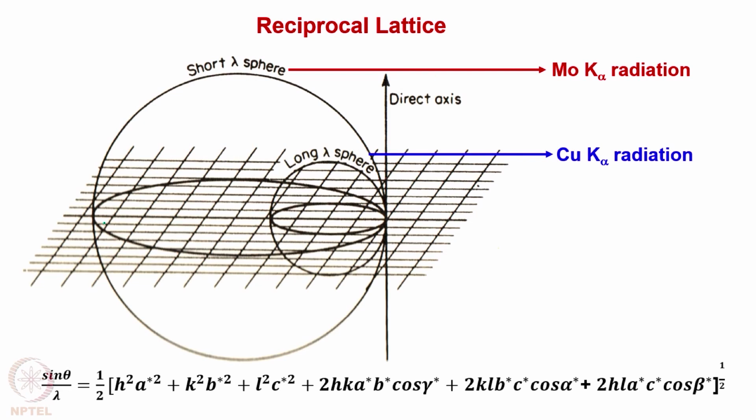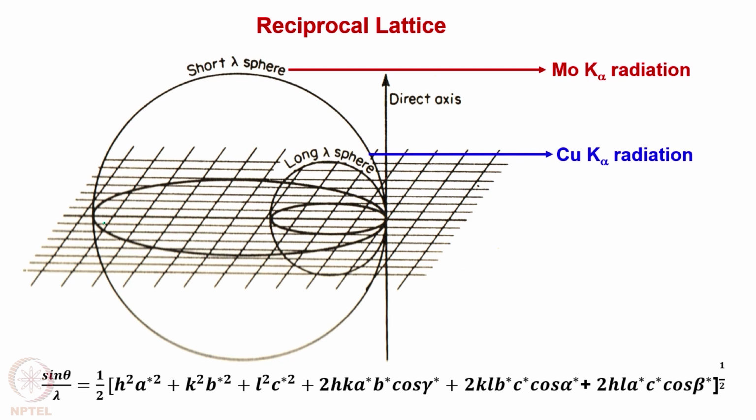So when you represent a sphere like that, immediately the size of the sphere is related to 1 by lambda. That means smaller the value of lambda, larger the value of 1 by lambda; larger the value of lambda, smaller the value of 1 by lambda.